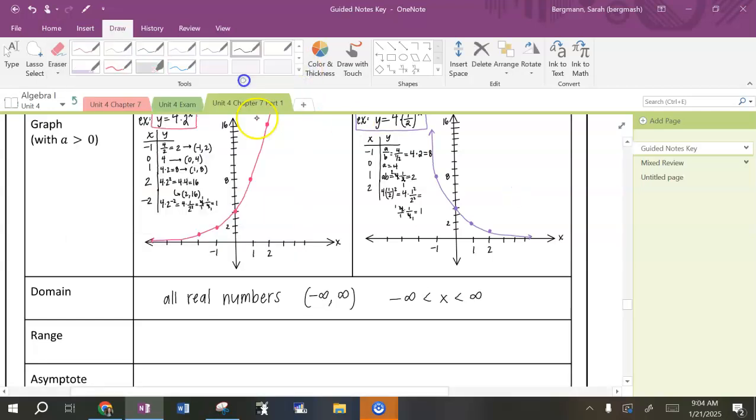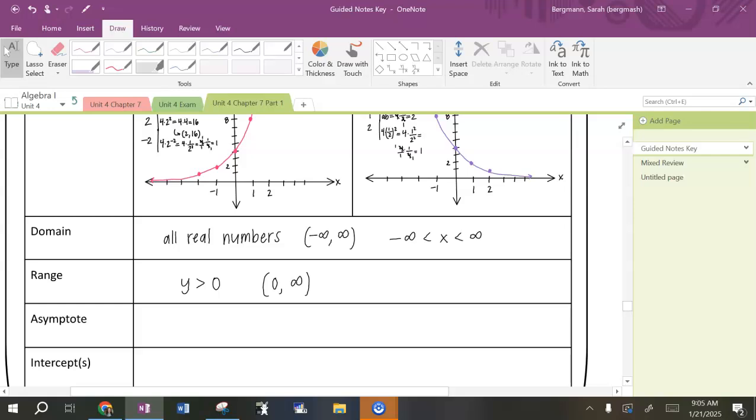So for both of these functions, the range is y has to be greater than 0. If you wanted to put that as an interval, you would say parentheses 0, comma, infinity. The reason why you're using the parentheses next to the 0 is because you never actually reach y equals 0. It's just greater than, not equal to 0.